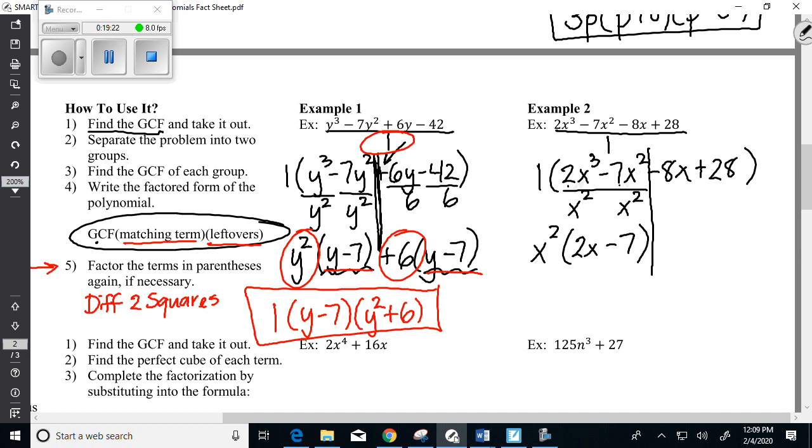That's the best you can do with that one. Go over to the second group. The second group begins with a minus sign, so that comes down automatically. 8 and 28, the biggest number that you can divide out is 4. So we're going to take out that 4, and you're left with 2x minus 7.